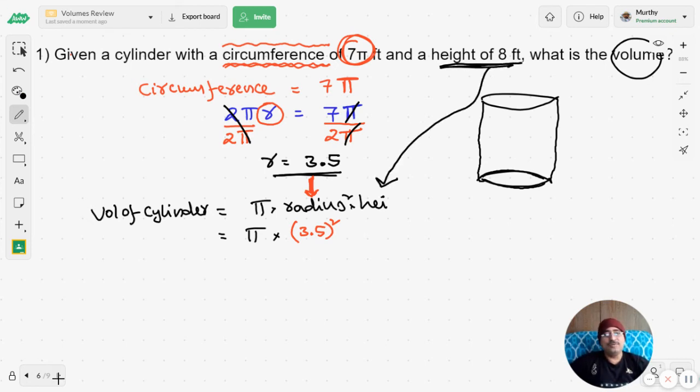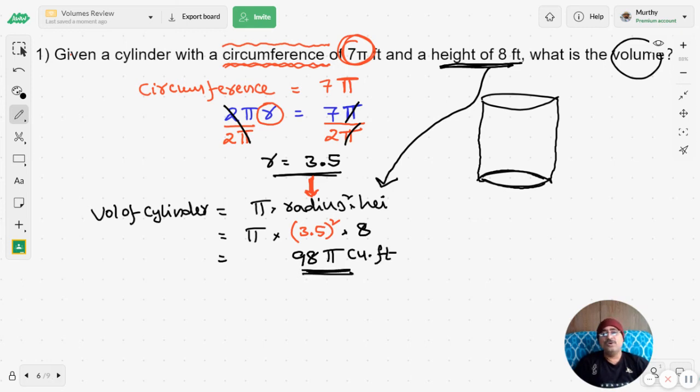Now 3.5 times 3.5 is 12.25. Let me multiply 12.25 times 8, that is 98. I used my calculator here. 98 pi cubic units. The units are feet, therefore it is cubic feet.